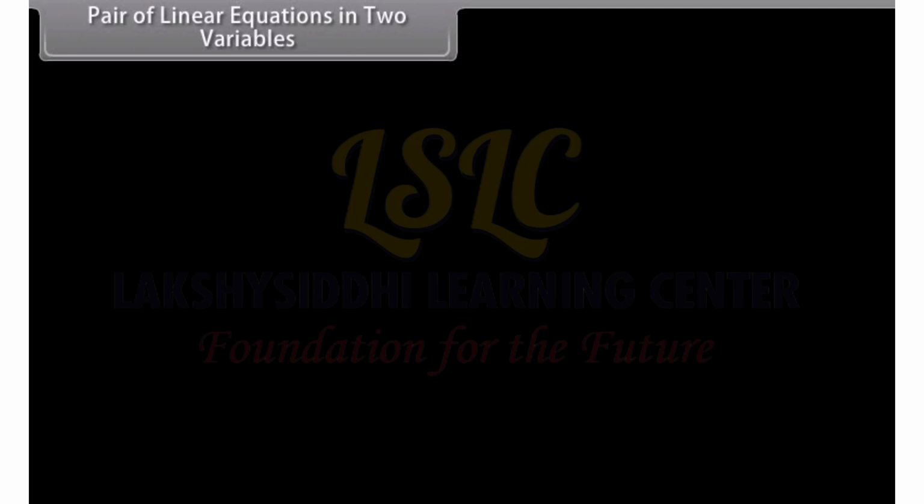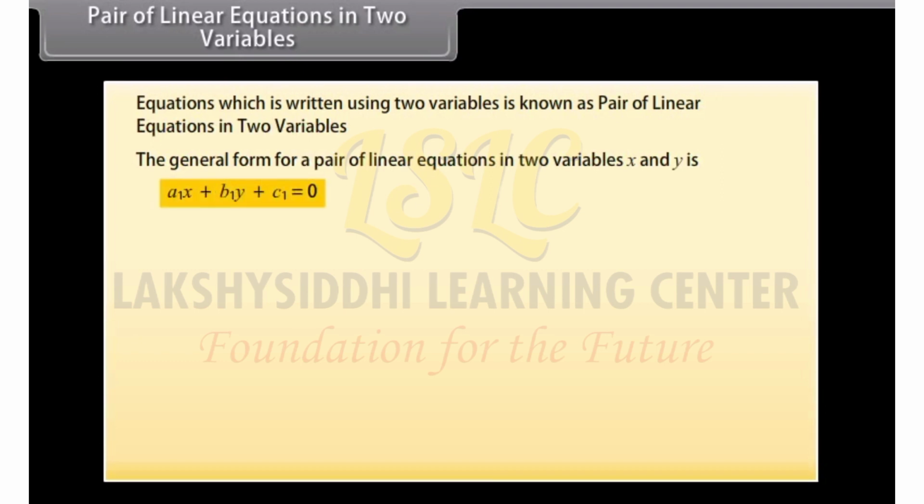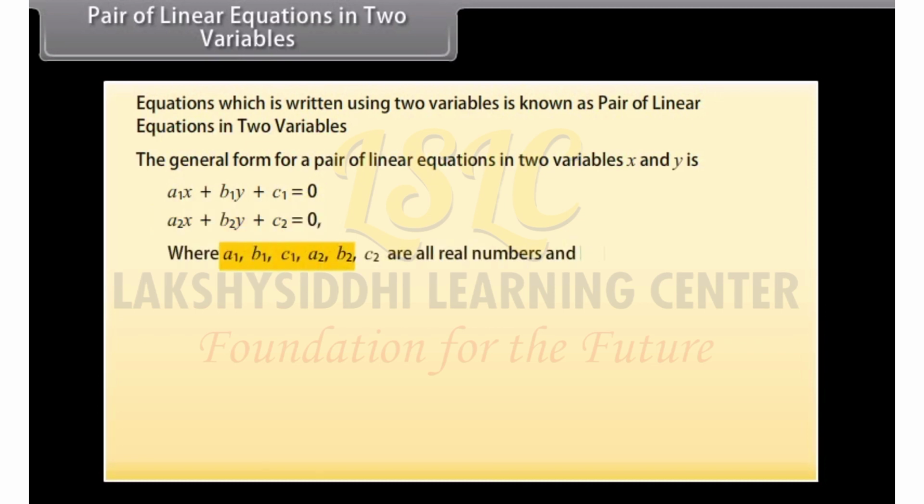Pair of linear equations in two variables. Equations which are written using two variables are known as a pair of linear equations in two variables. The general form of a pair of linear equations in two variables x and y is a1x + b1y + c1 = 0, a2x + b2y + c2 = 0, where a1, b1, c1, a2, b2, c2 are all real numbers and a1² + b1² ≠ 0, a2² + b2² ≠ 0.